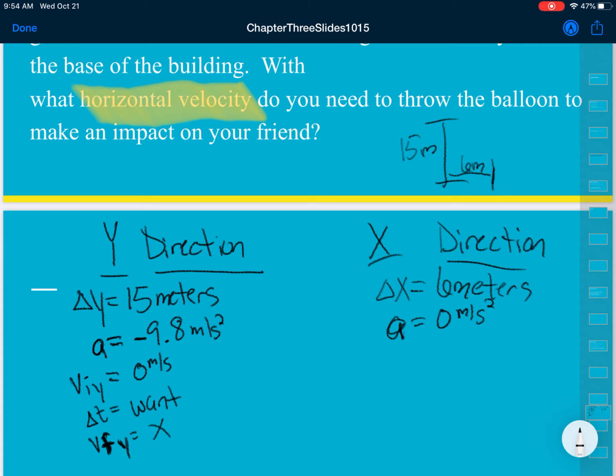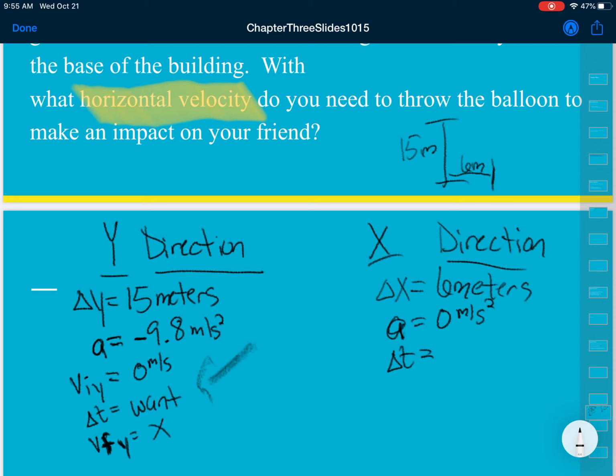Delta t, I don't know yet, but I can figure that out from my y direction. We're going to solve for delta t in the y direction, and then take the delta t that we find and plug it into the x direction.